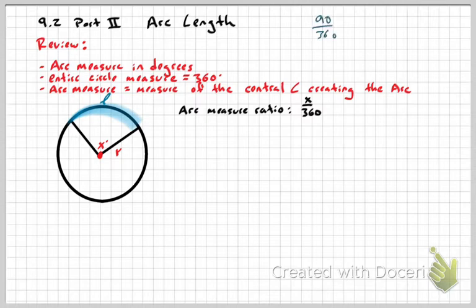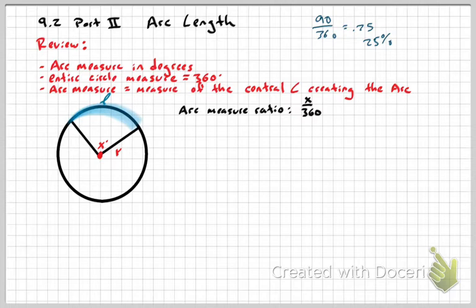Well, 90 divided by 360 is 0.25, or that's 25% of the circle is being covered. Okay, and so because we know the total is 360, we can take whatever the arc measure is, divide it by 360, and that gives us the percentage of the circle that arc is covering.